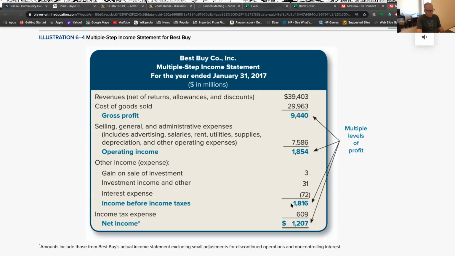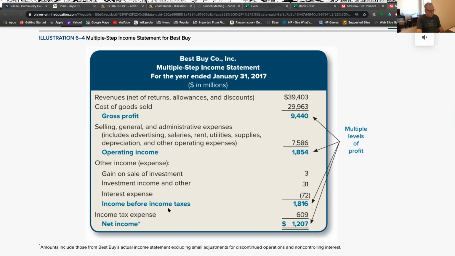And when I do that, I wind up with this 1816 number, which we're going to call income before taxes, which is kind of a meaningless number, right? But, you know, we need to call it something, I guess.